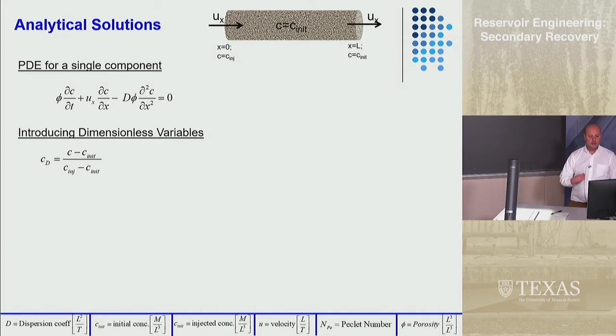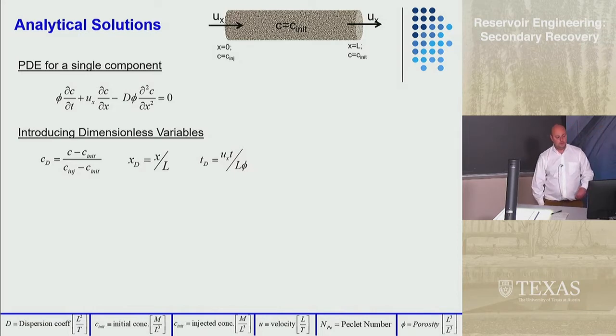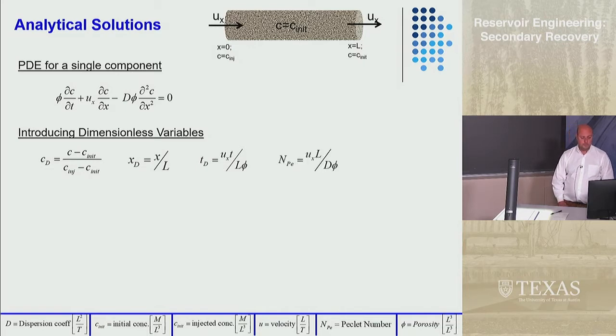So we're going to define the non-dimensional concentration so that it's bound between 0 and 1 in this way, where C_I is the initial concentration and C_J is the injected concentration. X_D is the dimensionless length, so it goes from 0 to 1. T_D is the pore volumes injected. We've seen that before. So it's the volume injected divided by the pore volume.